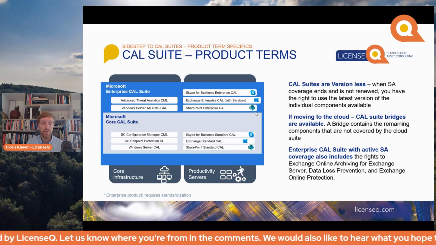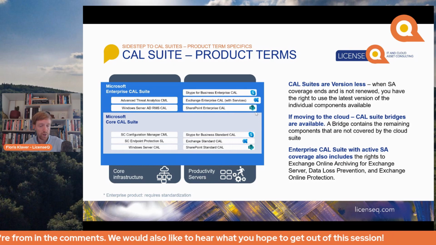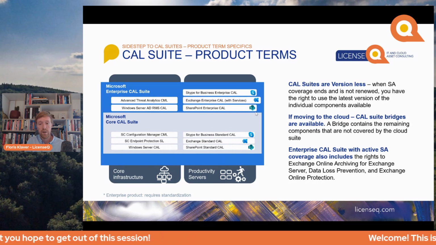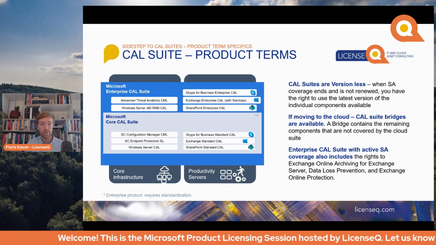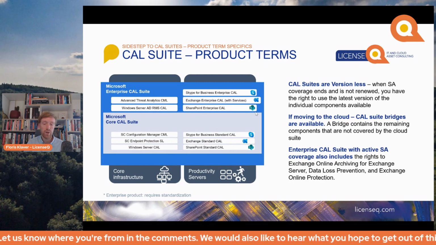So if you buy E3, you get the right to access an Exchange environment, a SharePoint environment, and a Skype for Business environment, but you lose the right for Windows Server and System Center. Well, you can buy a CAL suite Bridge that holds these rights for Windows Server and System Center. Enterprise CAL suite with active SA coverage also includes the right to Exchange Online archiving, data loss prevention, and Exchange Online protection.